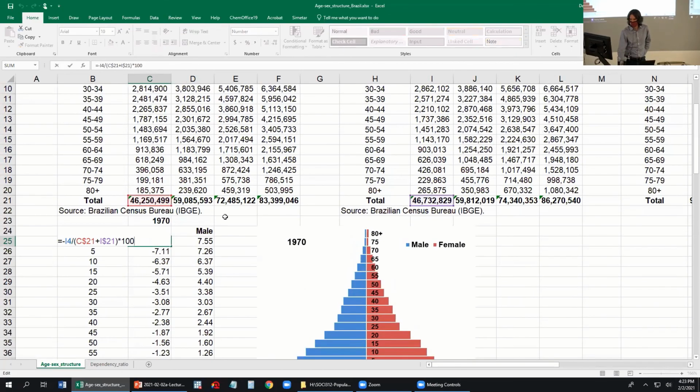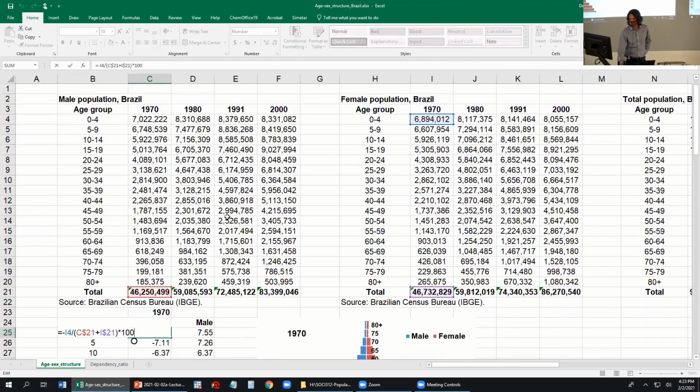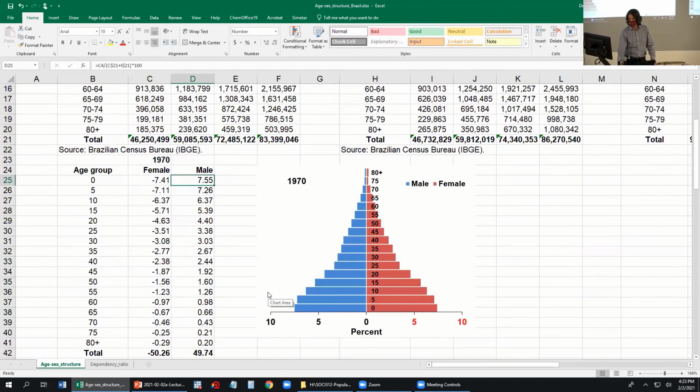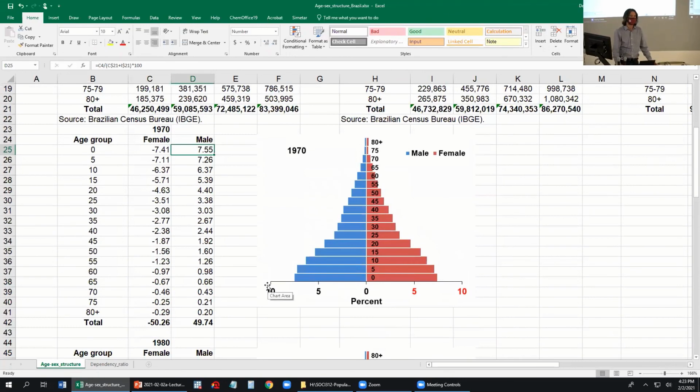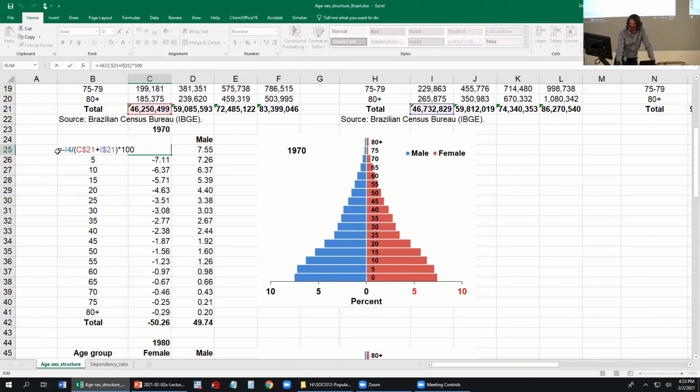So this one here is just getting information for this woman divided by these two, men divided by the total. You do it for everybody. In order to work in Excel, you have to put one as negative, so you multiply here by minus.